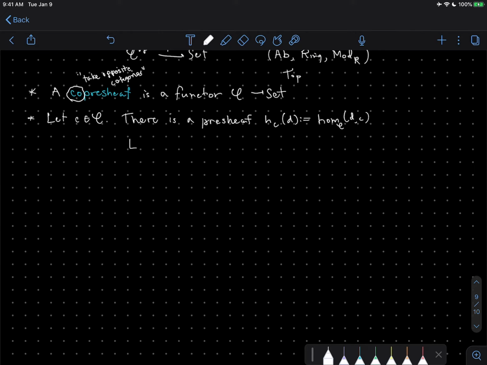So, exercise: prove that this is a functor.